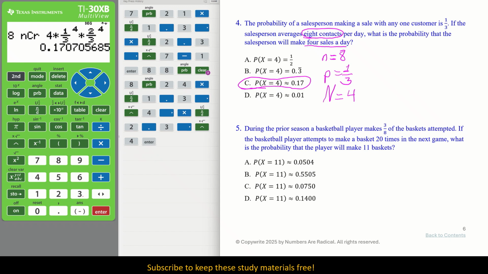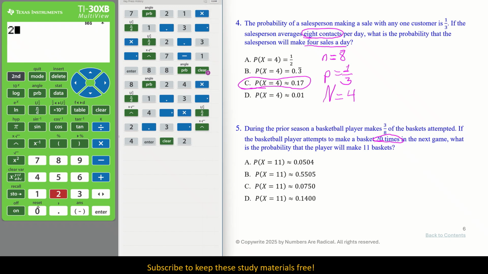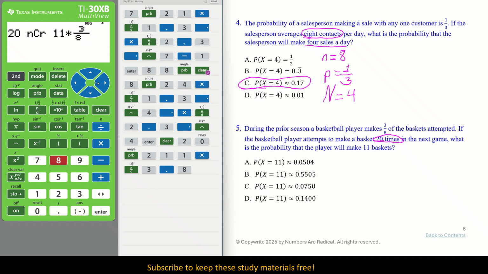Looks like our number of trials is 20. So let me push clear. We have 20 prob, then 2, and we want 11 out of those 20 times. Now, what is our probability of success? That's 3/8, so 3 out of 8.